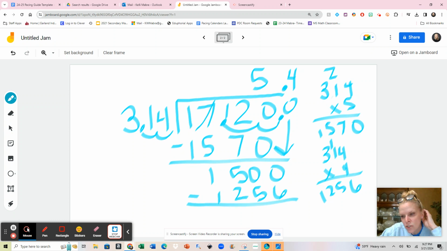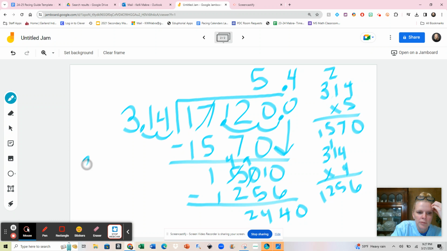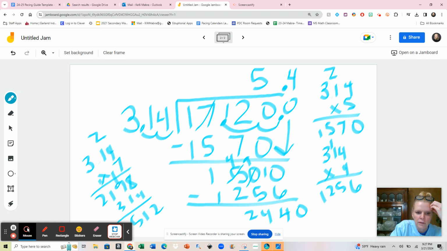I don't know how many place values she wants you to go behind the decimal, but let's just go 2 places and we'll stop. That's going to probably be 7 or 8. Let's see, 3.14 times 7. So it's going to be 7.